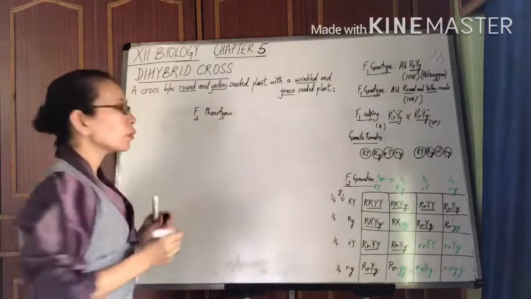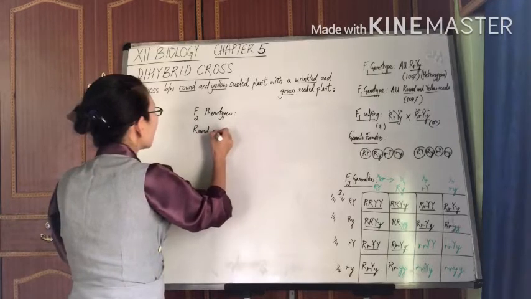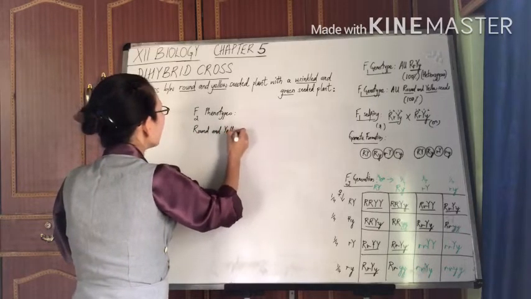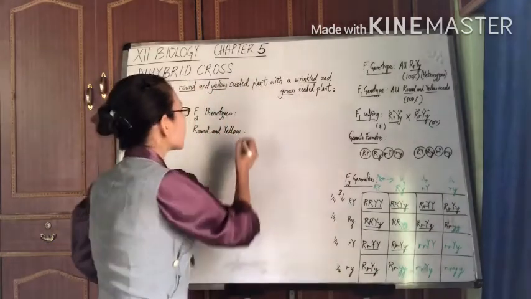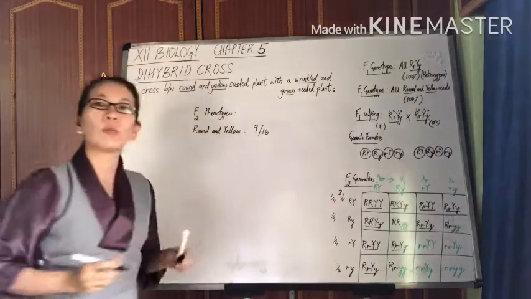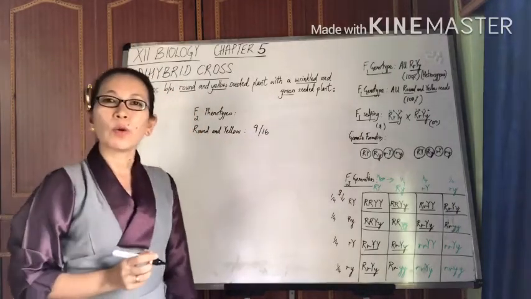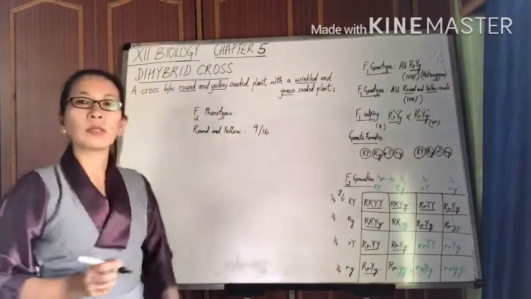Mendel could observe 4 phenotypes: round and yellow. Out of the 16 boxes, 9 boxes have the phenotype which is round and yellow.